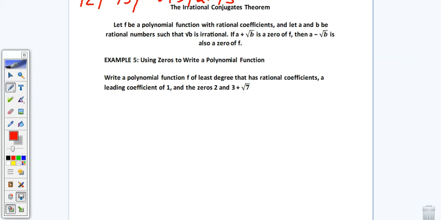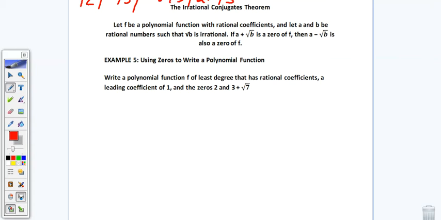Example 5, pretty important. We're going to use this. Here's how this works. It says write a polynomial function f of least degree that has rational coefficients, a leading coefficient of what, kids? 1. And the zeros are what? 2 and 3 plus what?